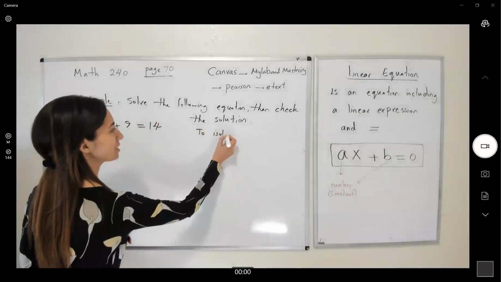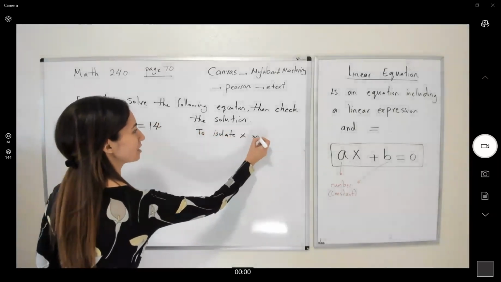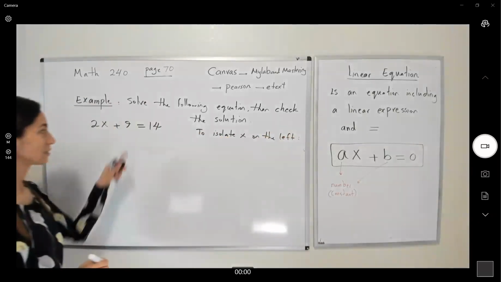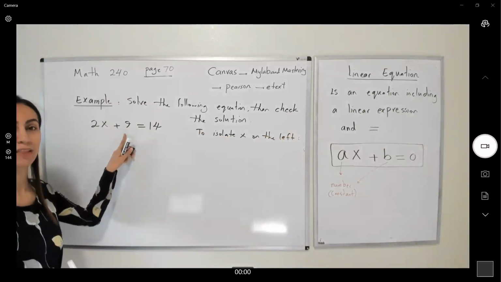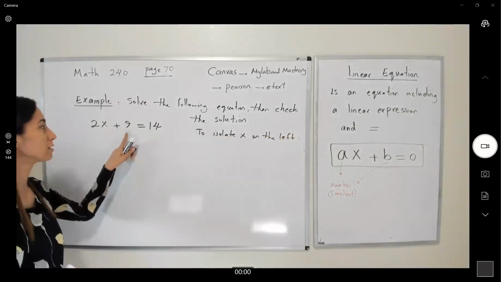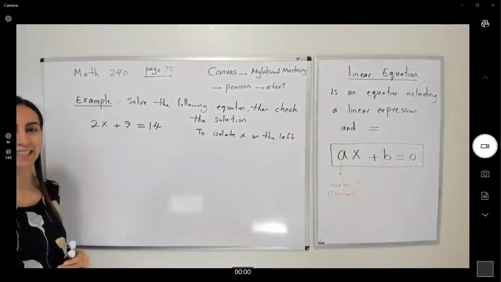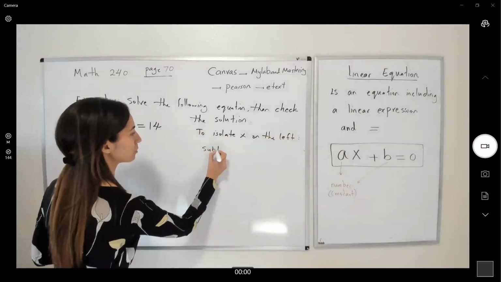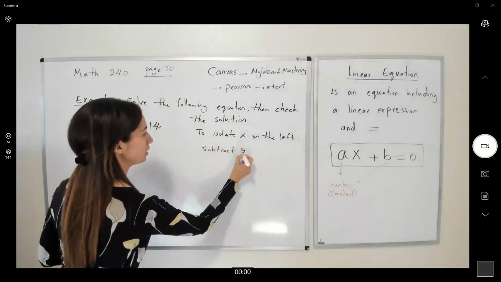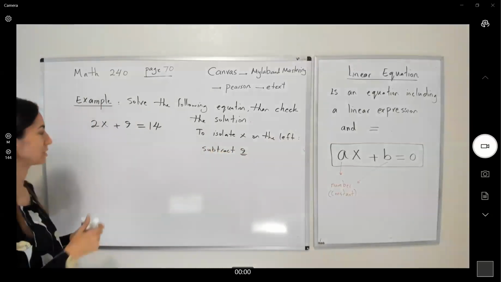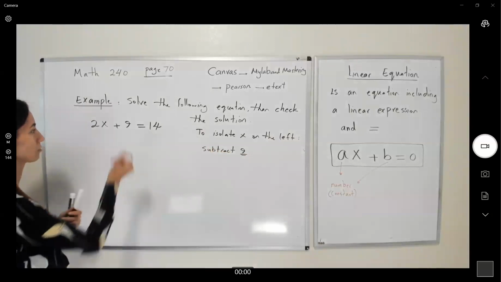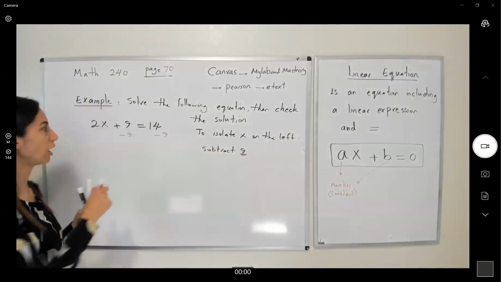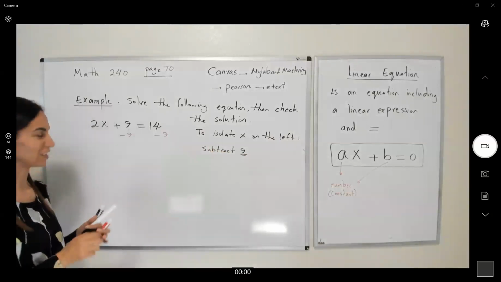So, to isolate x on the left, first you have to get rid of this constant, this number next to 2x. So, subtract 9 from both sides. One by one, step by step, we're trying to isolate x on one side.